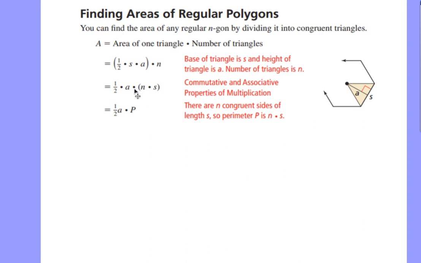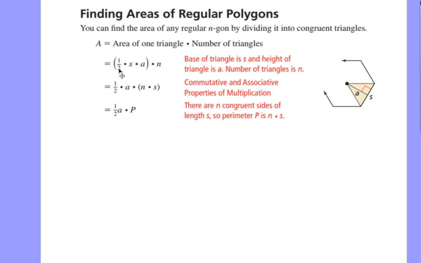All right, well, if we think about that, the area of one triangle is half the base times the height. Our base is whatever the side length is. I don't know what the side length is, but whatever it actually is, that's the base of a triangle. A for apothem, remember, apothem was just the height of one of those triangles.